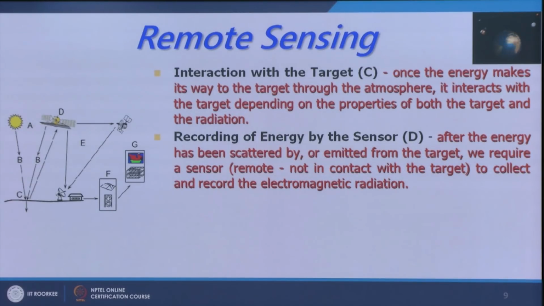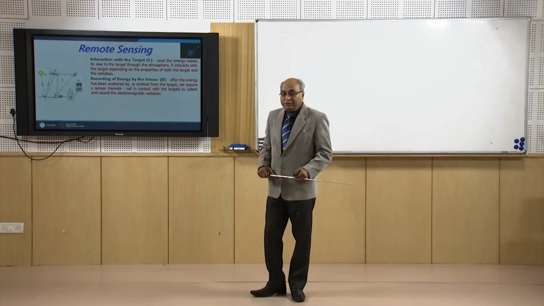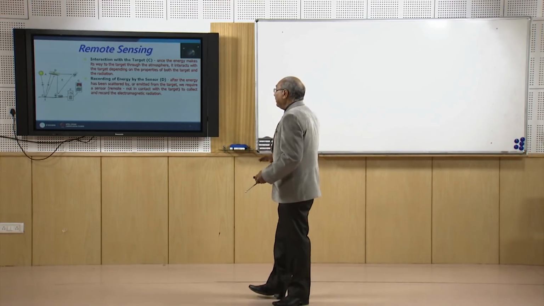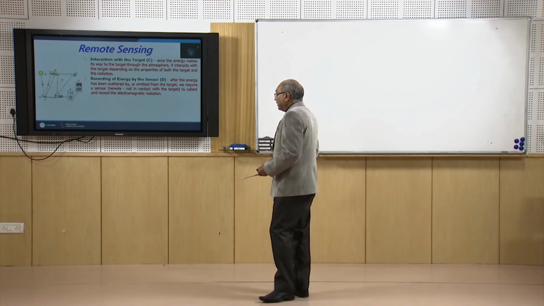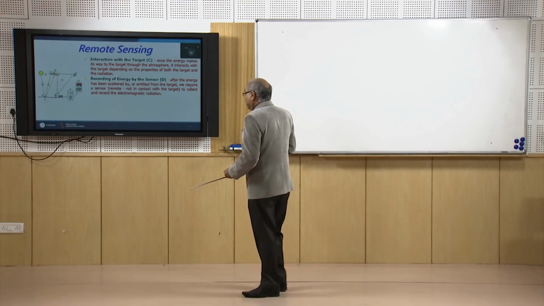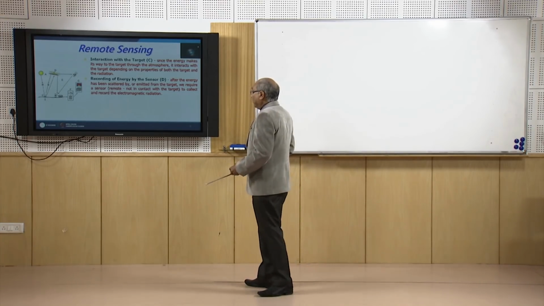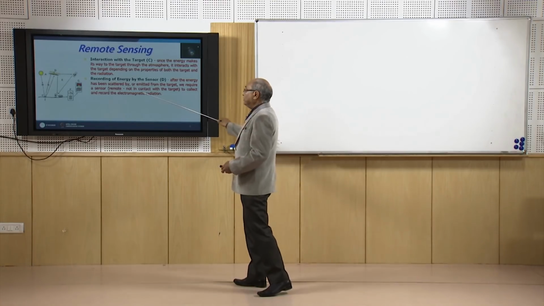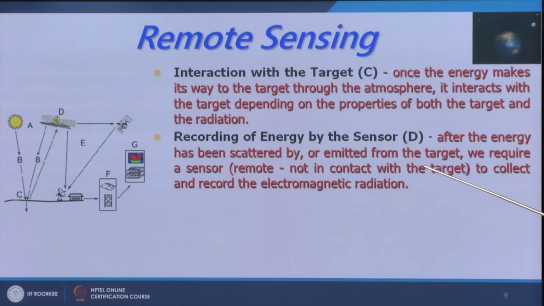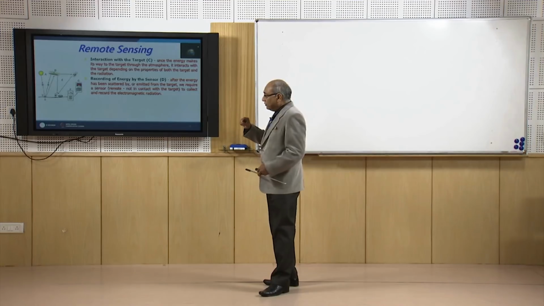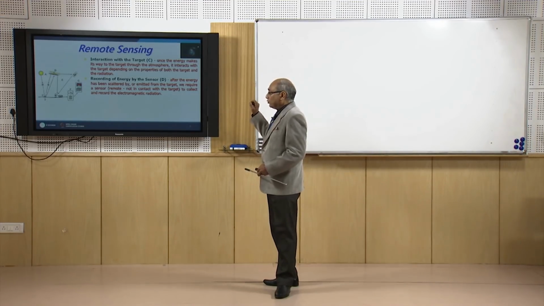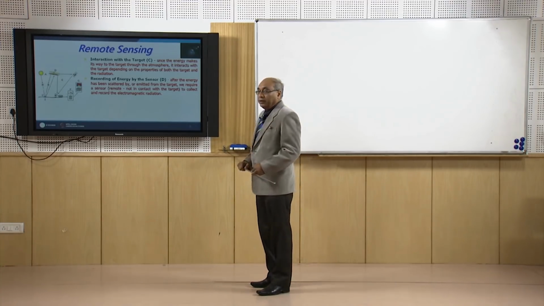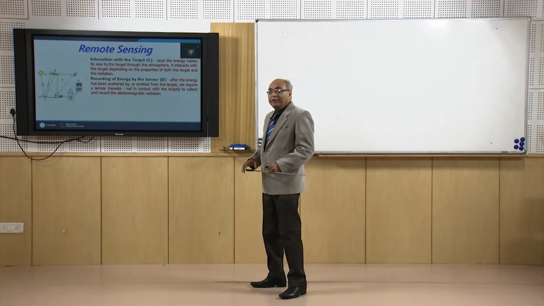Once this reflected solar energy reaches the satellite, it is recorded by the sensors and recording systems on board these different satellites. After the energy has been scattered or emitted, as mentioned earlier, it has to pass through the atmosphere to reach the satellite, and this can create some problems.